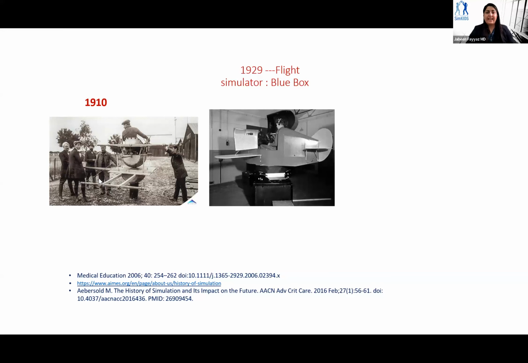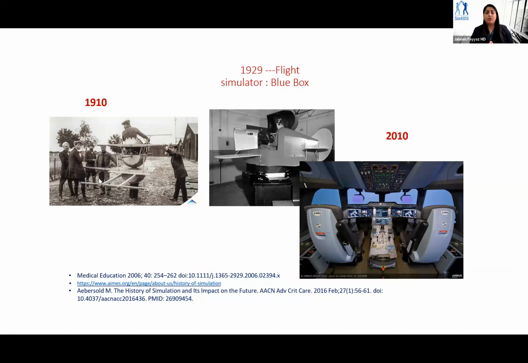Then this is 1929, when a blue box kind of plane simulator was invented for them to learn how to fly. And now they have virtual reality whole simulations where they learn about different aspects of aviation, and you can see how much attention they pay to problem solving, event debriefing, etc. So there has been a huge progression, which is not long ago.